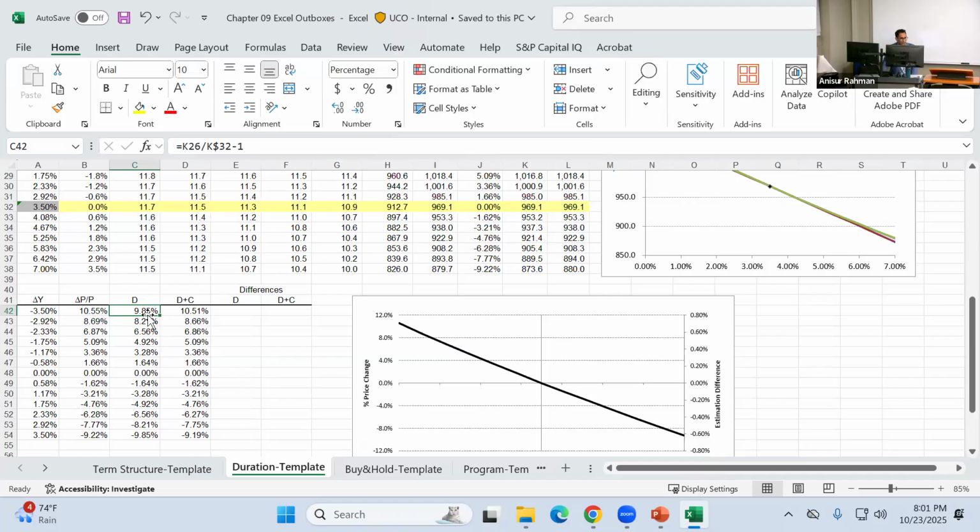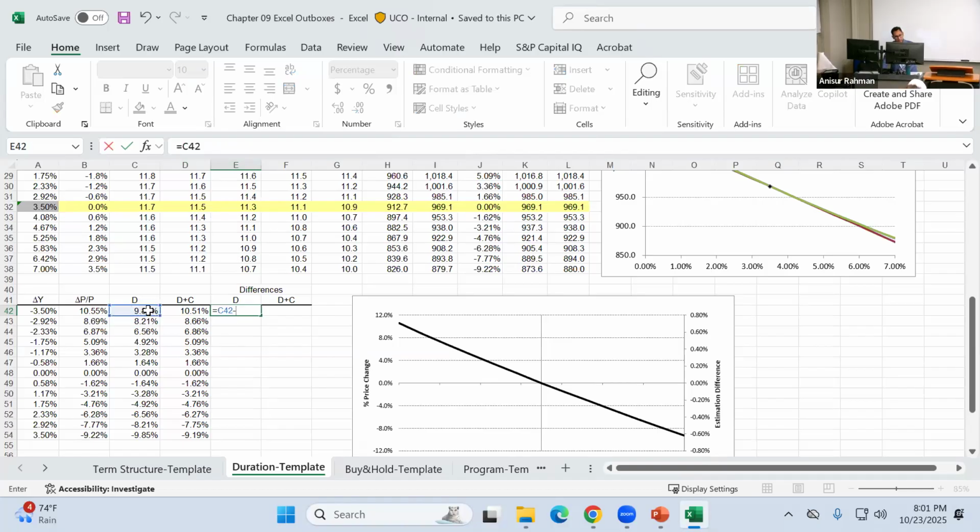But based on duration, it is estimated as only 9.85% because it is ignoring convexity, right? If you include convexity, it is getting closer, but it's still a little bit of difference, right? We want to show this difference. So here, this will be my D minus delta P by P column.